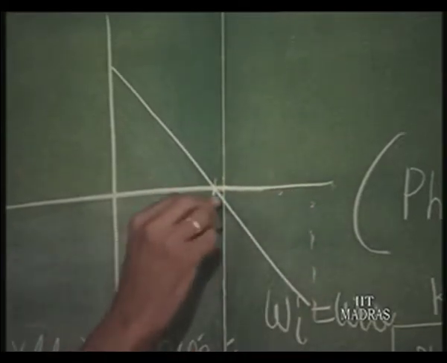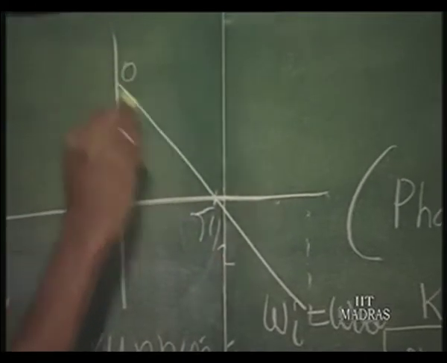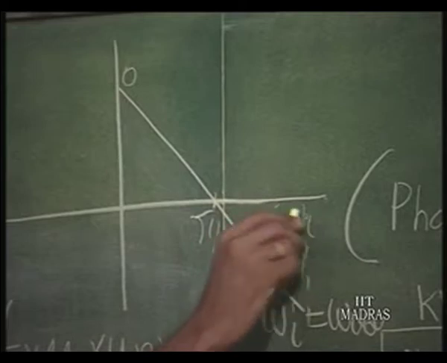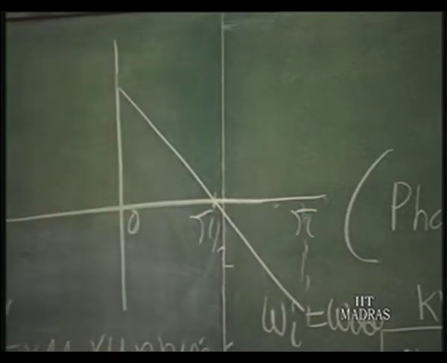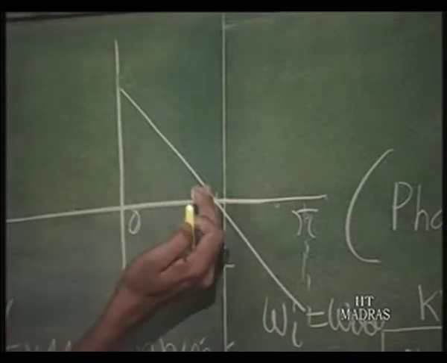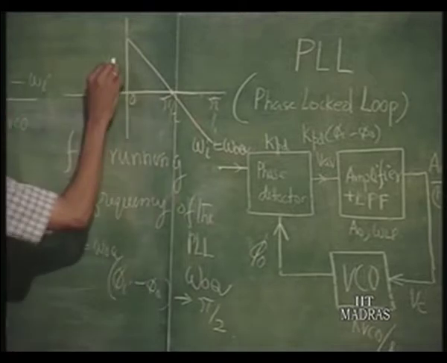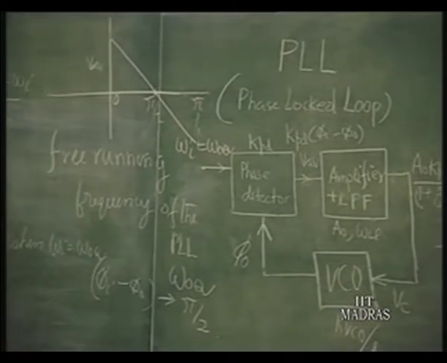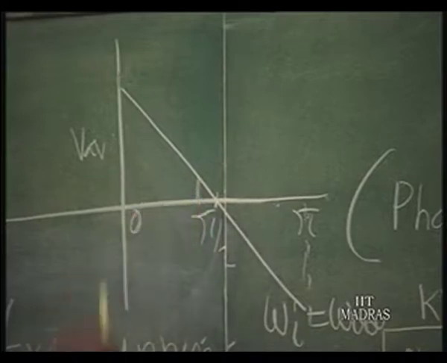At pi by 2 it is 0, and this is at 0 and this is at pi. So, this is at 0 phase shift. So, around pi by 2 this is the average. So, this phase shift will now change by some amount.